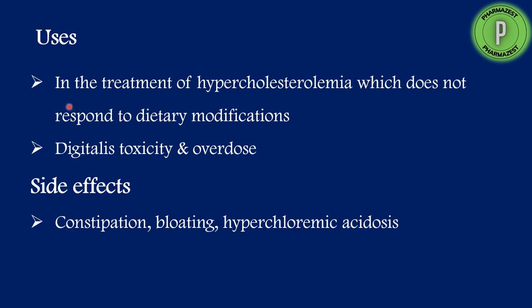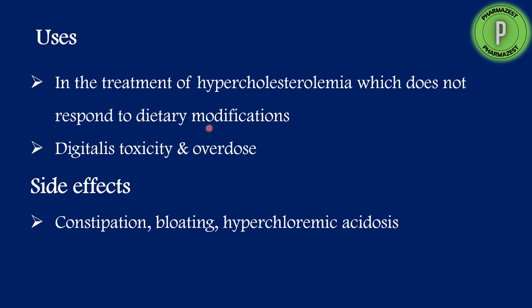Now coming to the uses, they are used in the treatment of hypercholesterolemia which does not respond to dietary modifications. Previously we have seen the other two classes of drugs. These drugs are given along with dietary modifications also. That means the patient is suggested to reduce the intake of fat rich foods.